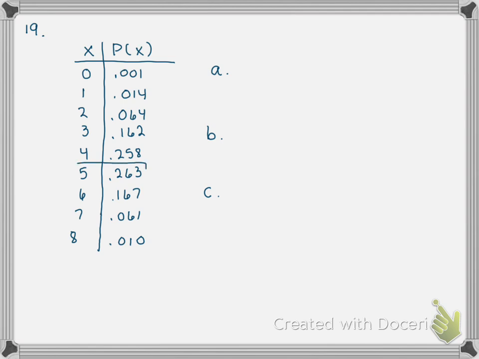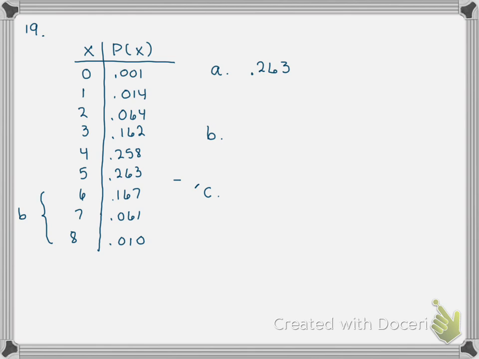Well, this right here is your exactly 5. So the probability for 19A is 0.263. Easy enough.